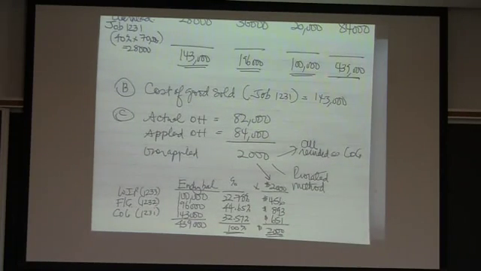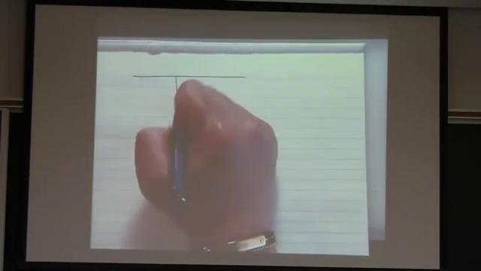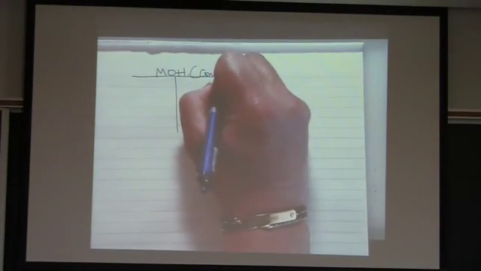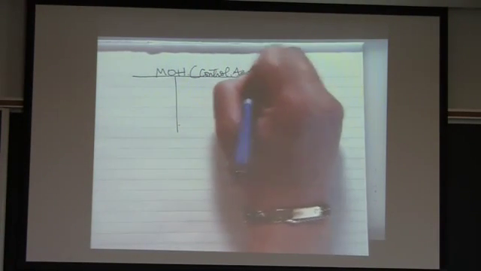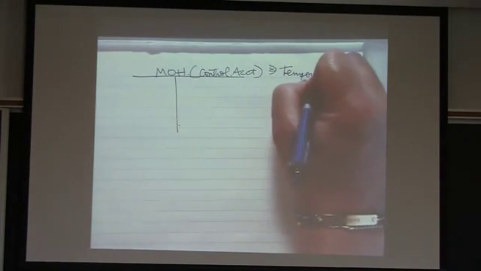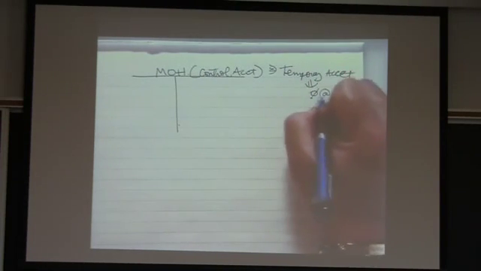Okay, so let me explain to you how this actually works. If you think about it, if I do a T account called manufacturing overhead, usually this T account is called a control account. And this account is a temporary account and gets closed out to zero at year end.